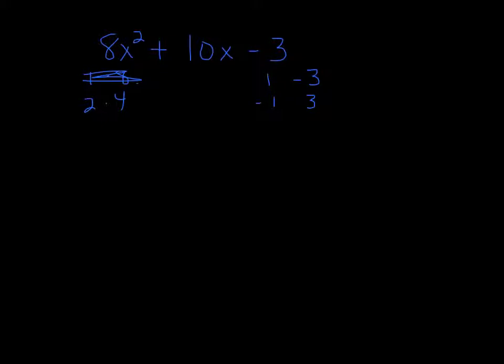So how could we put this together so that they add to be 10? Well, if we look really quick, hopefully you're kind of catching on to this a little bit. 4 times 3 is 12, and 2 times negative 1 is negative 2, and 12 minus 2 is 10. So we're going to use the negative 1, 3, and the 2, 4.